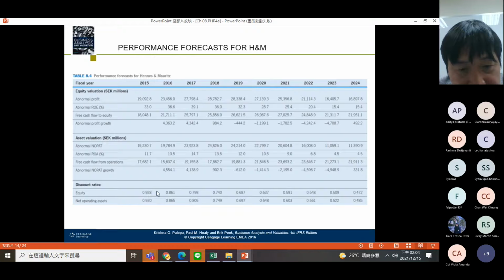From 2015, 2016 to 2024, that provides different discount rates with different numbers. So they stand for different risk over time. Please remember, the asset risk you have is quite different from the equity risk you have.